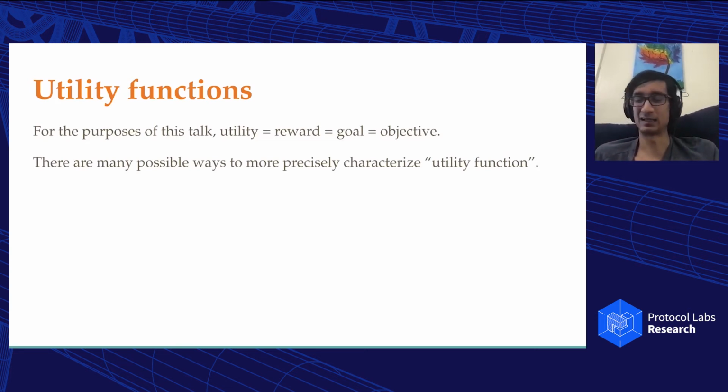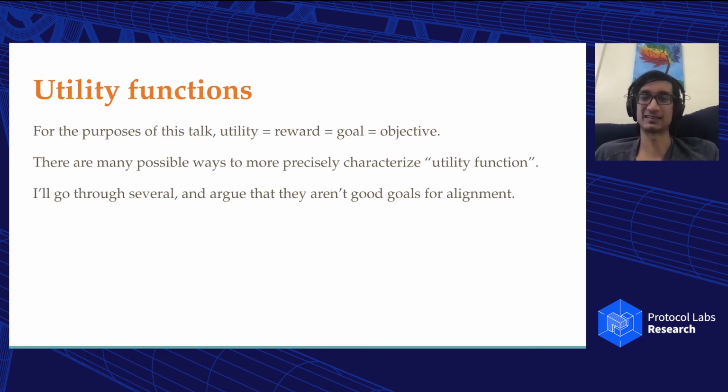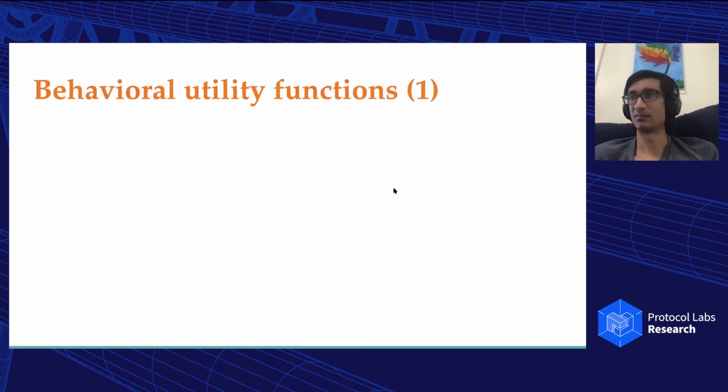So I'll go through all of these concepts and then say why they don't seem to me to be good goals for alignment in the world where we think that most of the risk comes from distribution shift. Cool. So the first kind are behavioral utility functions.